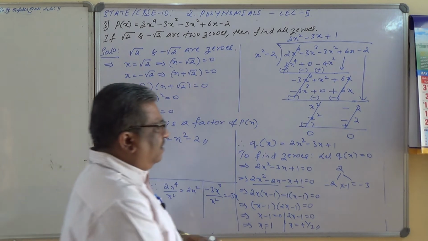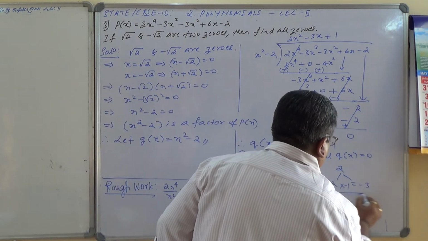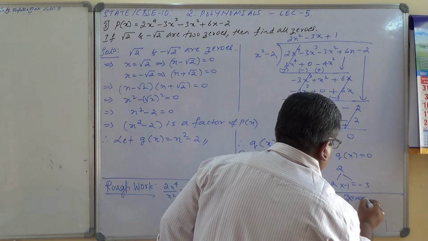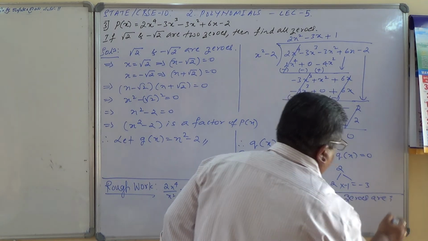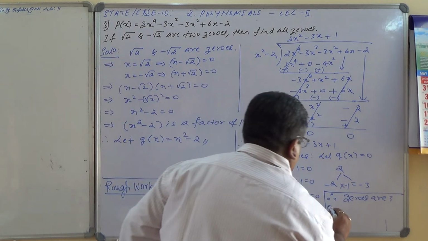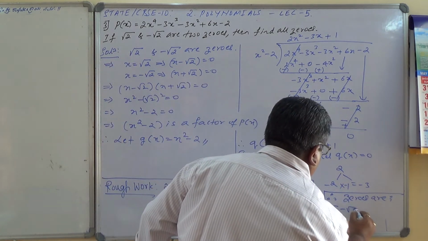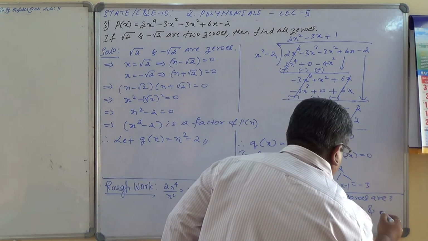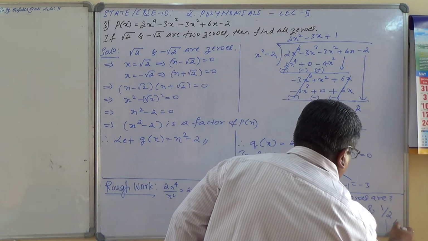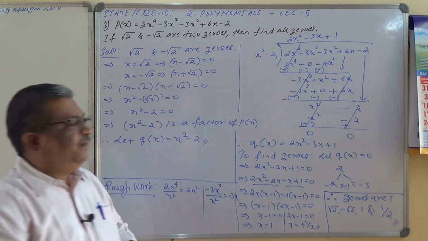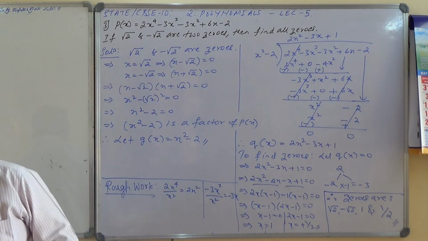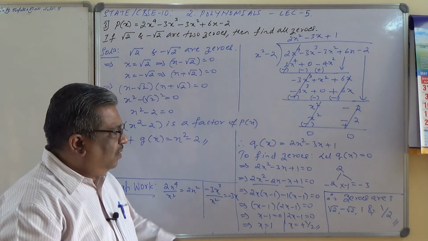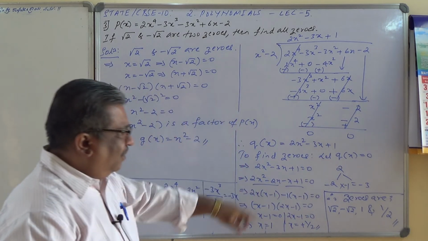So finally I'll write here, therefore all the zeros are root 2, minus root 2, then 1 and half. This is the final answer. Let me check the answer. Yes, so we have root 2, minus root 2, and 1 and half.